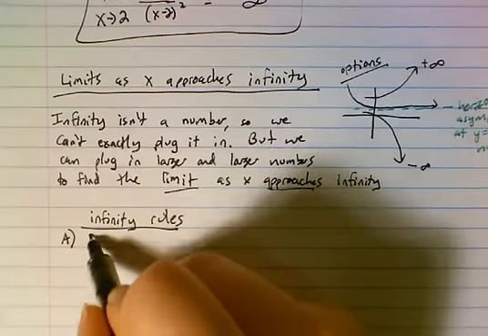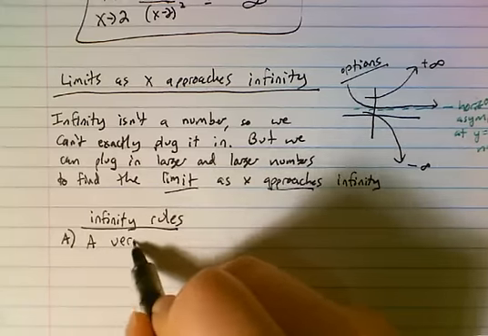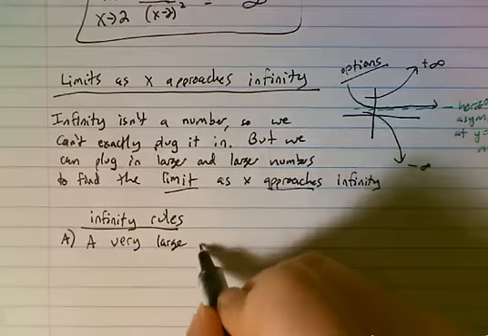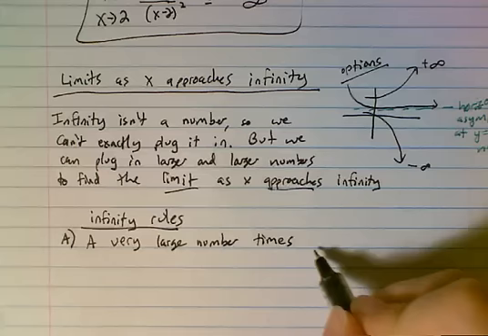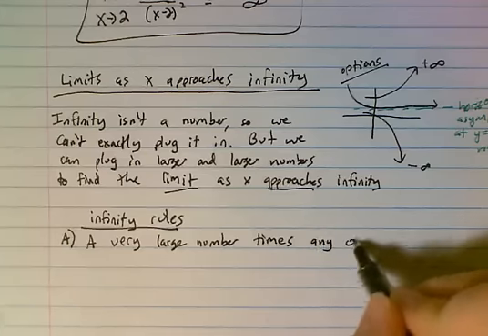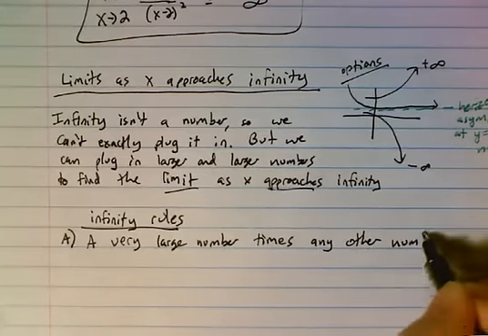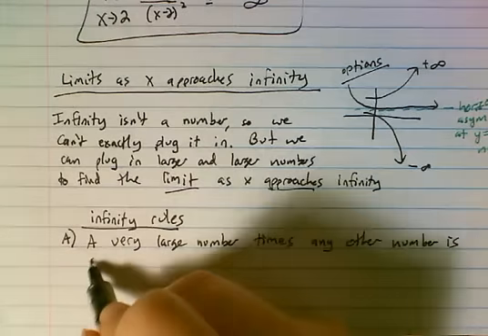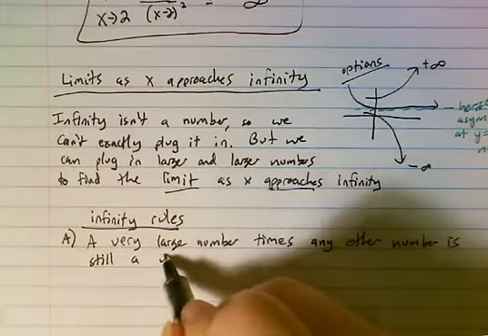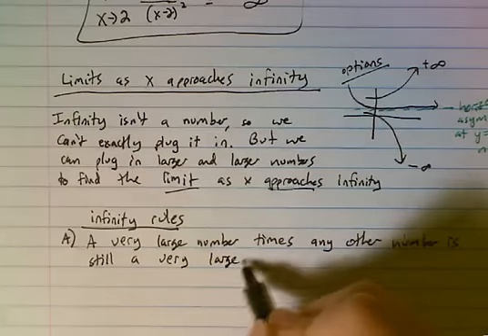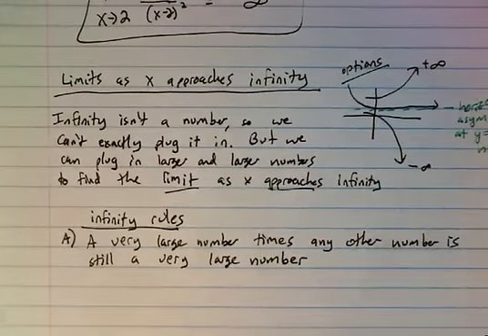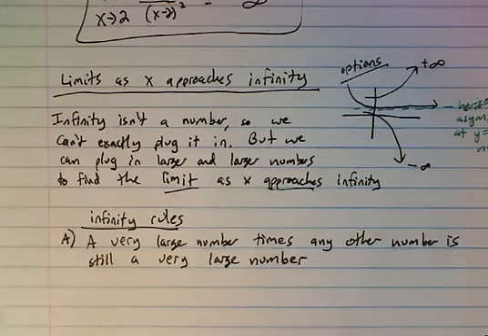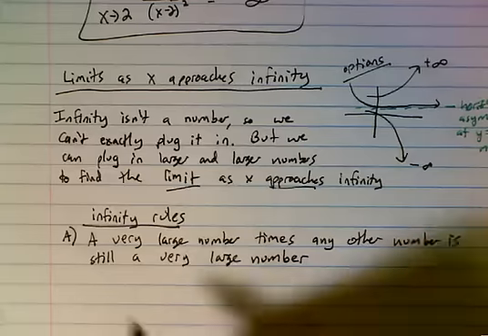First, a very large number times any other number is still a very large number. Large, I mean in magnitude, so it could be either very, very positive or very, very negative.